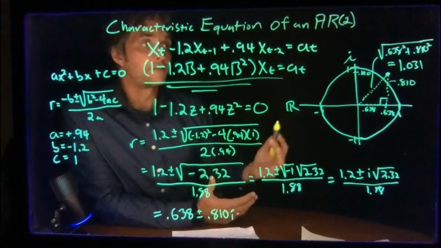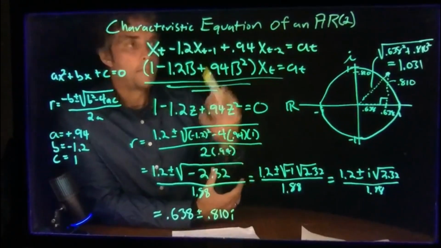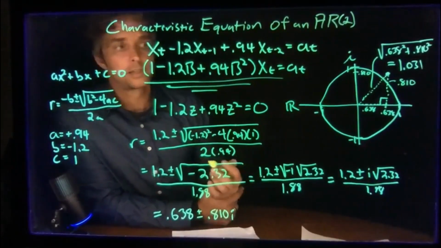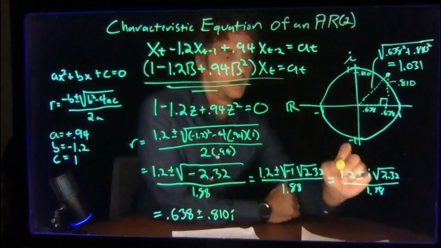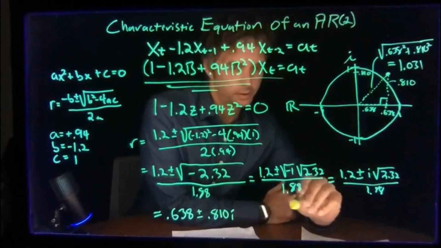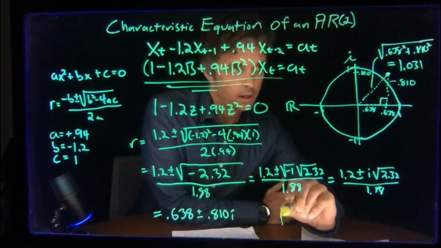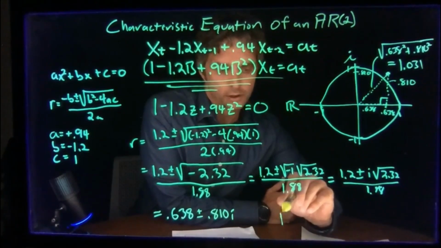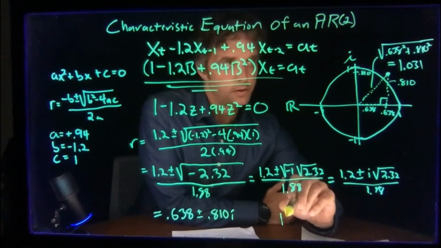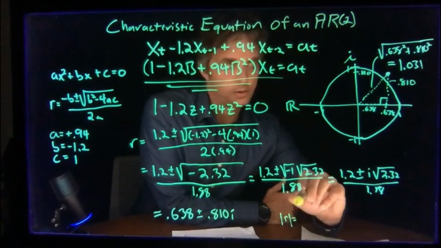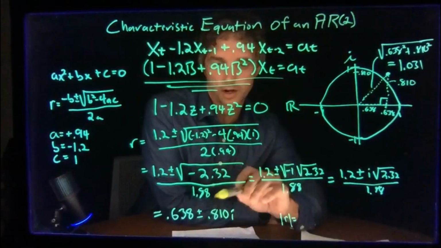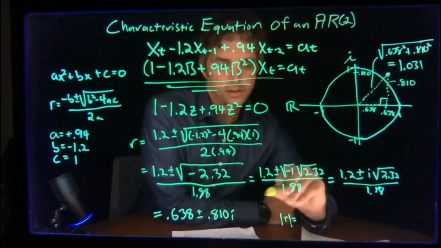And so our final thing to do would be, well, how much is that behavior going to be expressed? And so we'll go ahead and talk about the absolute reciprocal. What we'll actually do is call this the modulus. So the modulus of R here looks like absolute value, but when we're talking about complex numbers, that's known as the modulus.